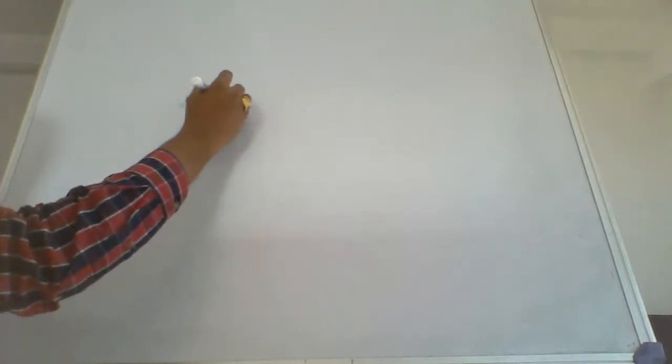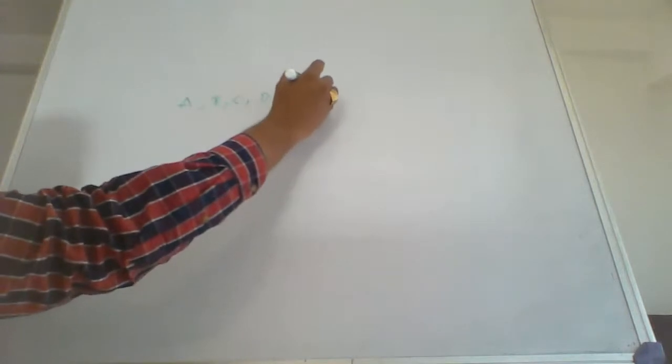Five points are given by A, B, C, D, and E. These are the five points which are given in a plane.